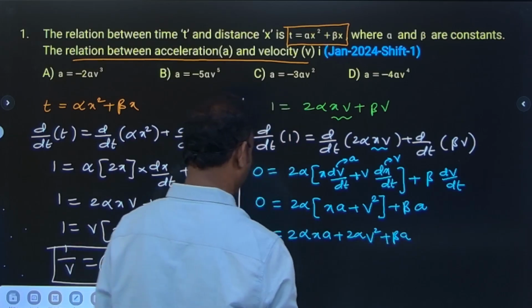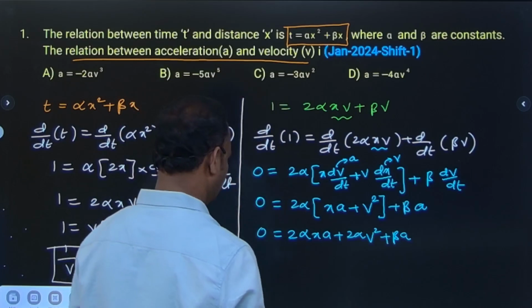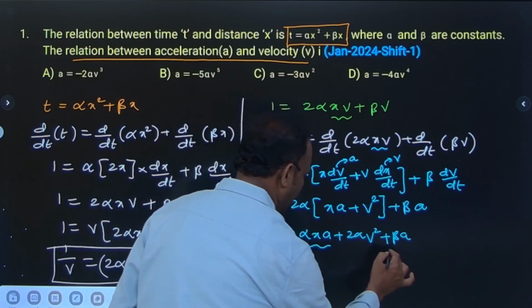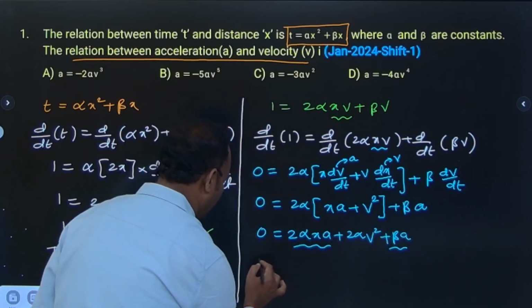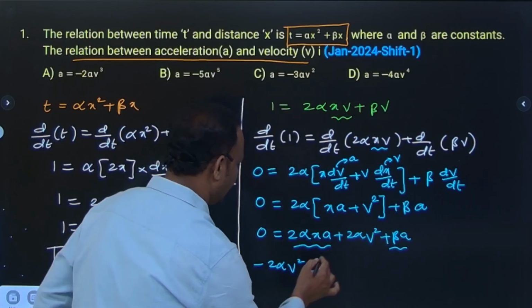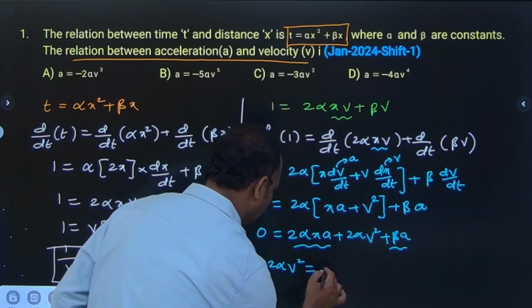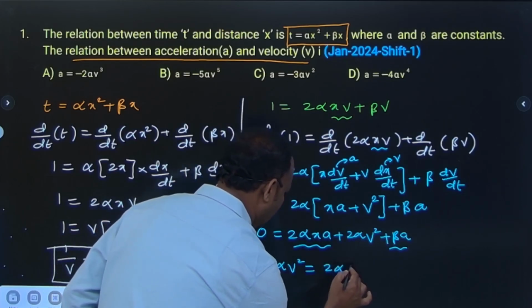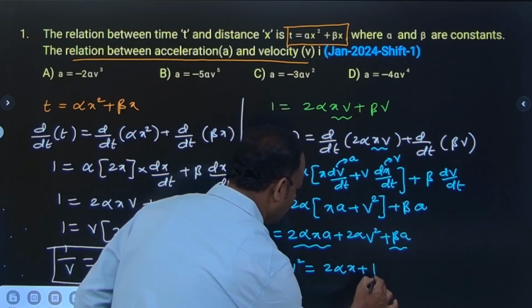Okay, so from this you bring out a, since a is in both terms. So minus 2 alpha v square is equal to a times (2 alpha x plus beta). Then acceleration a is equal to minus 2 alpha v square divided by (2 alpha x plus beta).